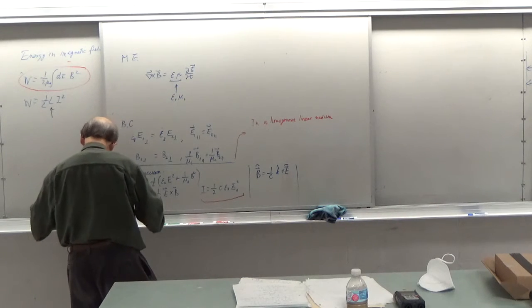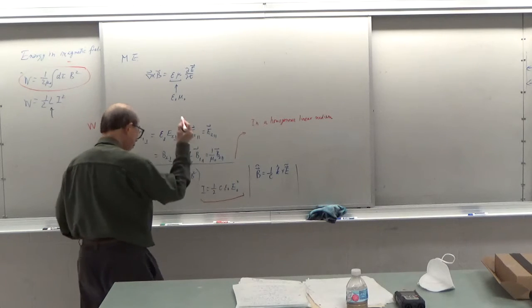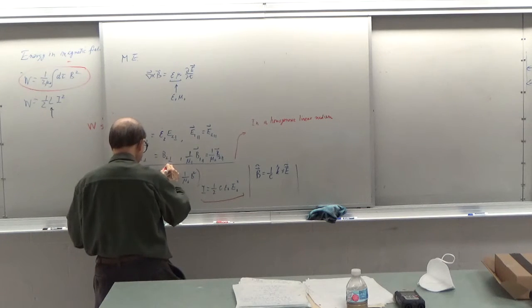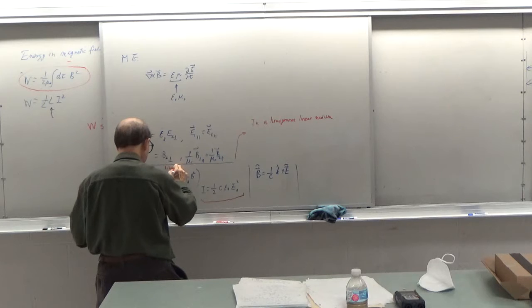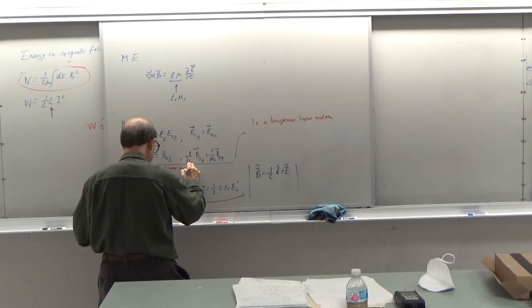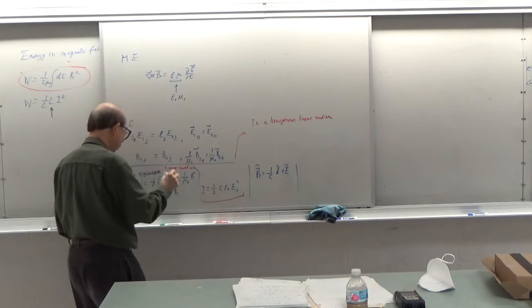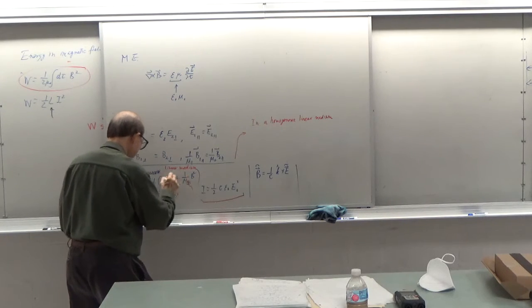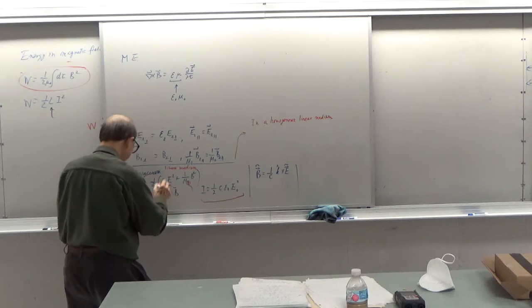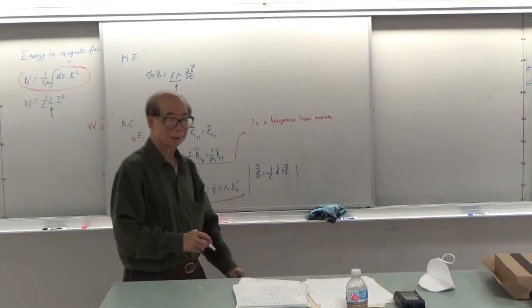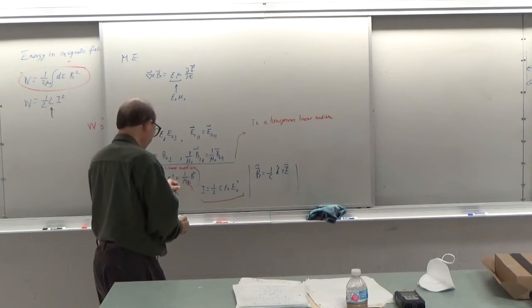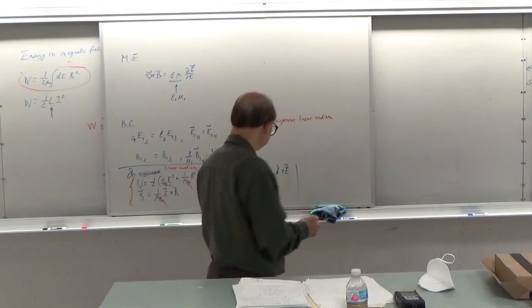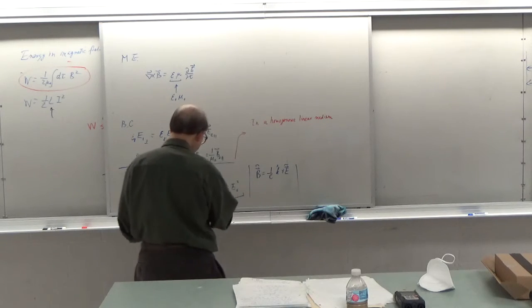So now let me just use the red pen. Homogeneous linear medium. Just erase the subscript naught in those two parameters.